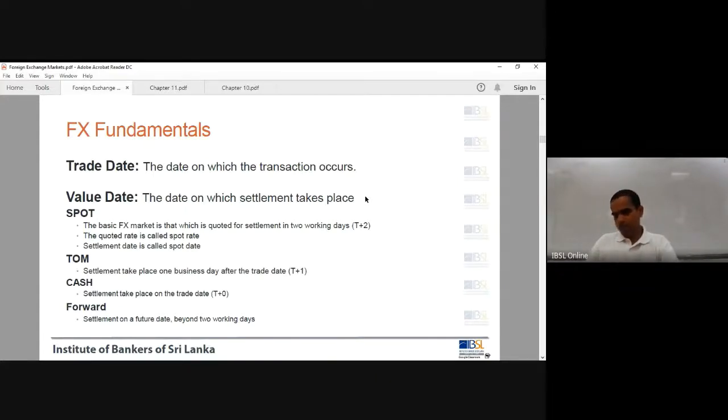Okay, so there are certain terms which you all should know if you are doing foreign exchange. Some of these terms you all might already have seen.